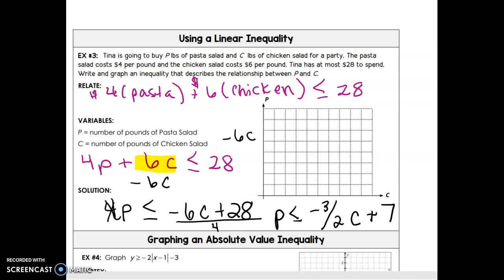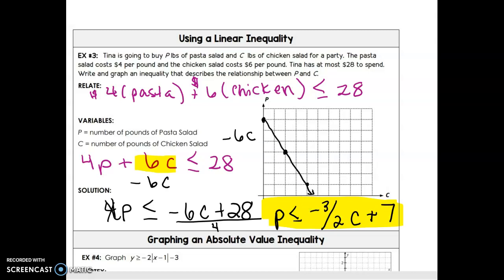So here is your equation. This is what we want, right? So we want to graph this, starting at 7, which is right here. And then we want to go down 3, 1, 2, 3, right 2, 1, 2. One more time, down 3, right 2. All right, now you have to ask yourself, open or closed line, or solid or dotted.